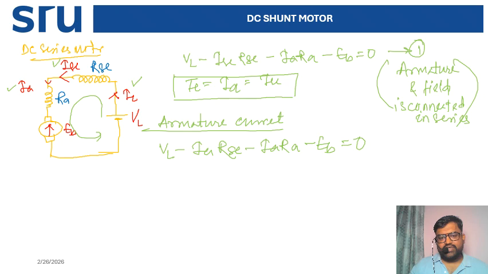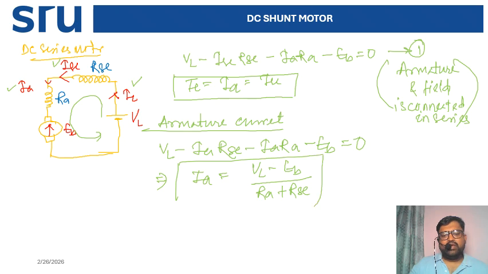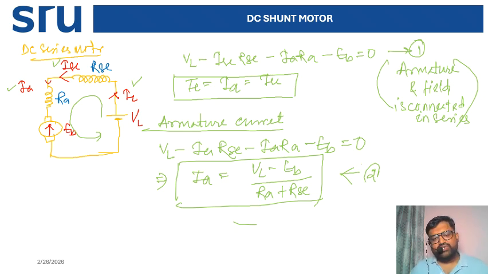Right? Then when we find IA, the equation will be IA equals VL minus EB by RA plus RAC. Similarly, you can also find IAC with this formula. These are the very simple equations we developed for the shunt and series.